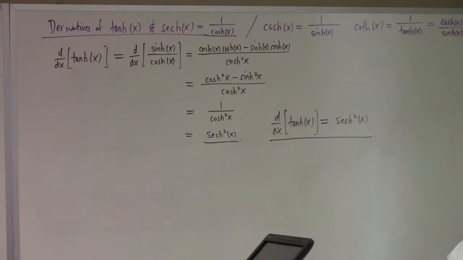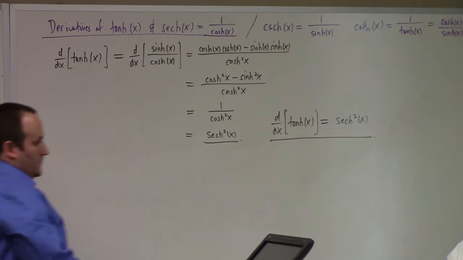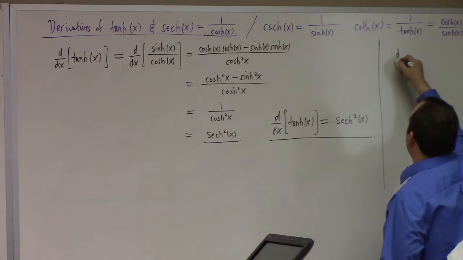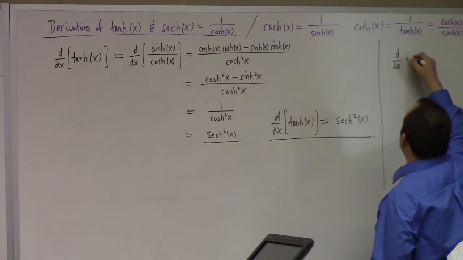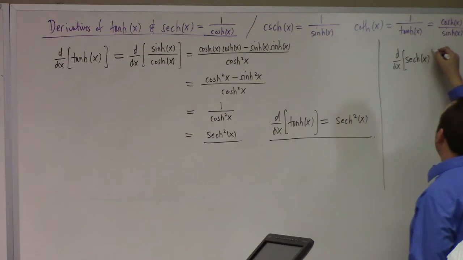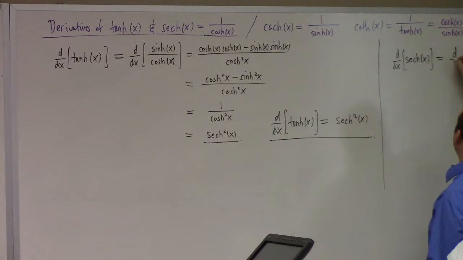I guess I should probably do it over here. d/dx of hyperbolic secant of x is d/dx of 1 over cosh of x, right?